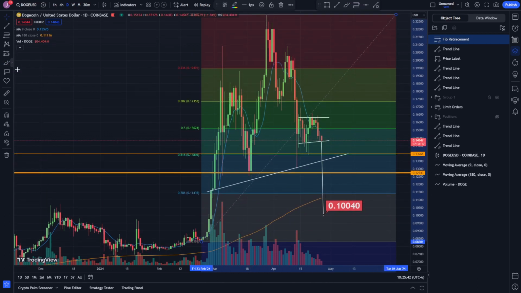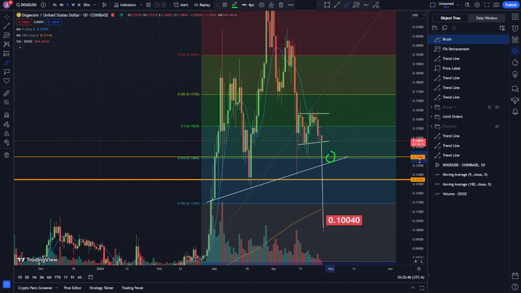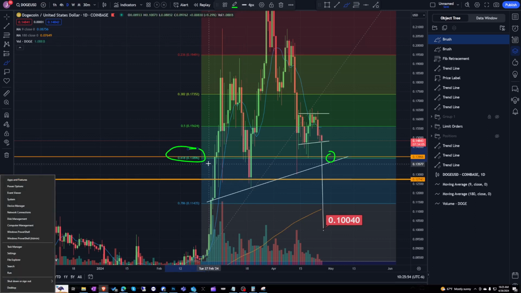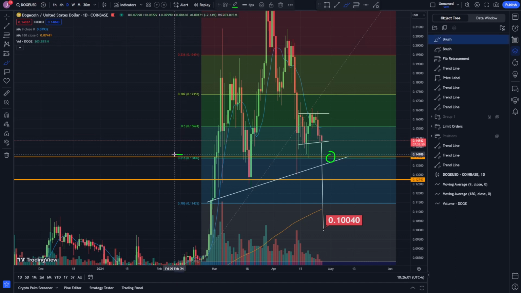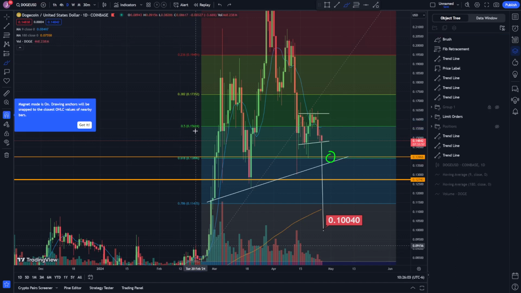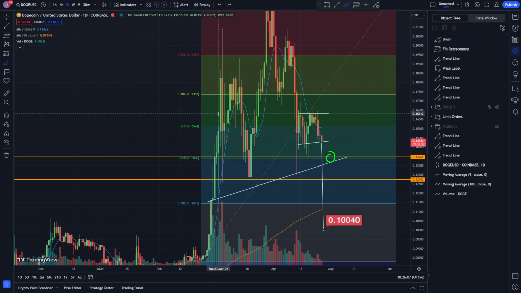The next one on the way down is basically 14 cents, 0.13898, and it tells you right here, and then 0.618, that's the 61% level, 50%, 38%, and 23%.